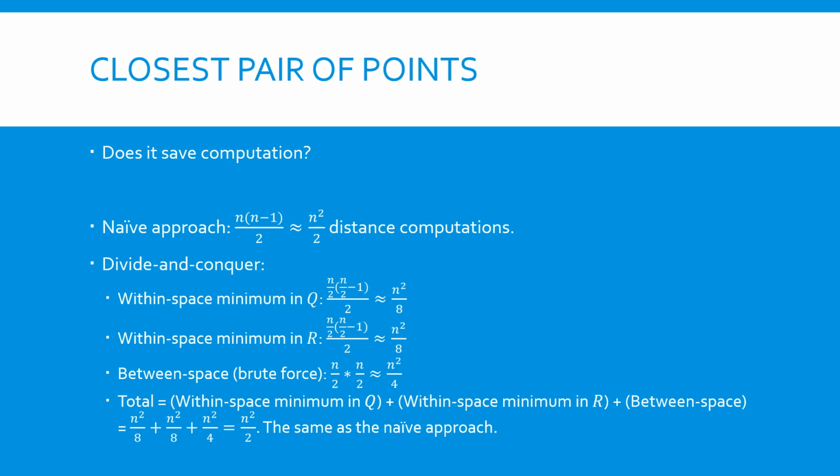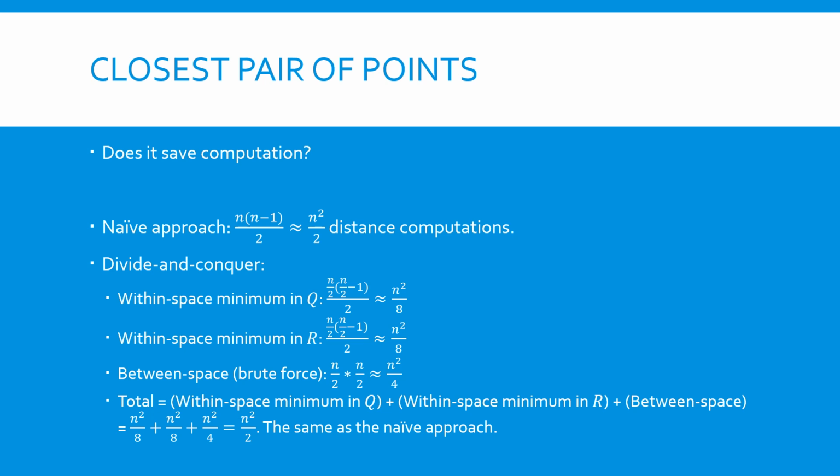In this case, solving each subproblem requires the computation of n²/8 distances, which is obtained by replacing n in the previous formula with n/2. In other words, we need to spend n²/8 computations to find the within-space closest pair of points in Q, and the same amount of computation to find that in R.